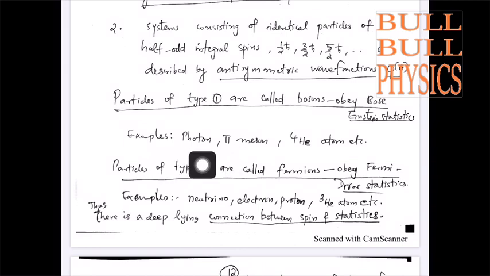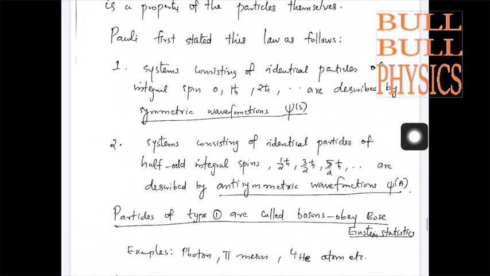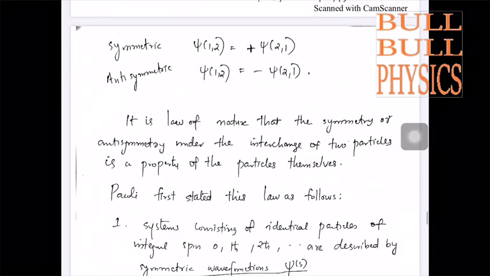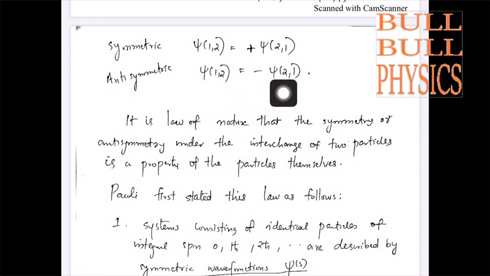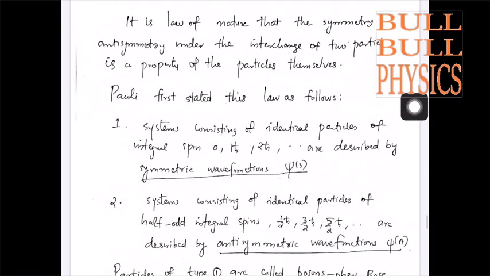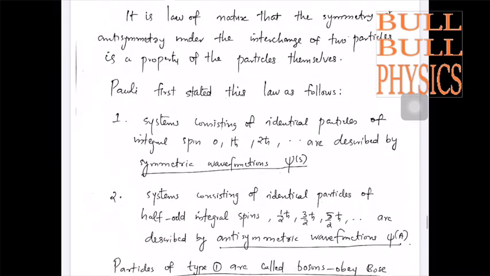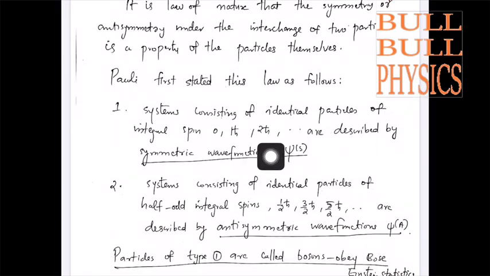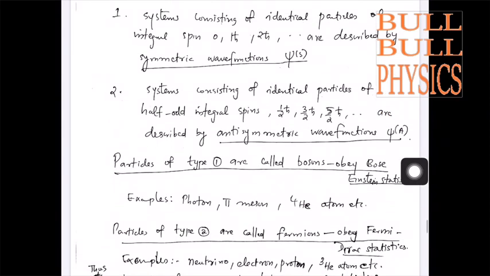Examples of bosons are photon, pi meson, helium-4 atom, etc. For fermions, we have electron, neutrino, proton, helium-3 atom, etc. So the wave function can be symmetric or antisymmetric: particles having integral spins are described by symmetric wave functions, and particles having half-odd-integral spins are described by antisymmetric wave functions.